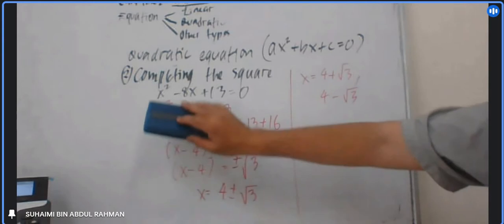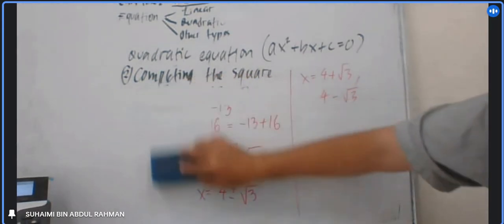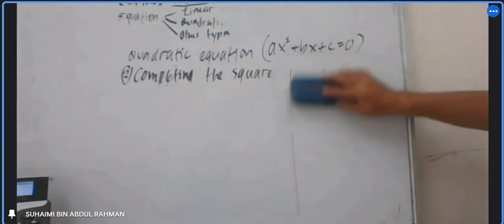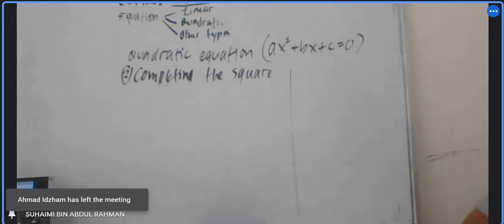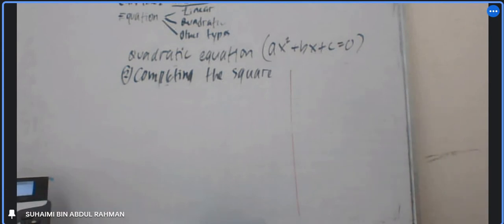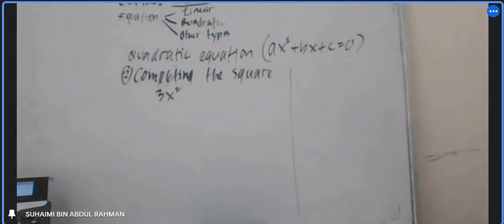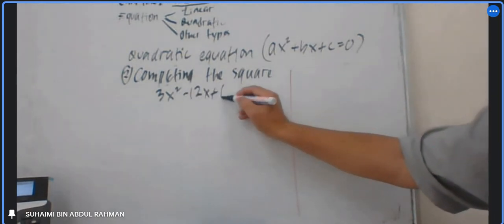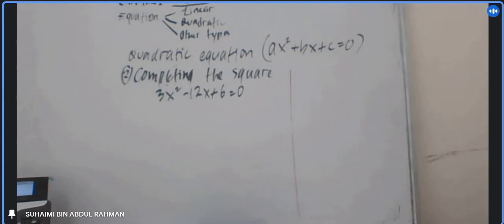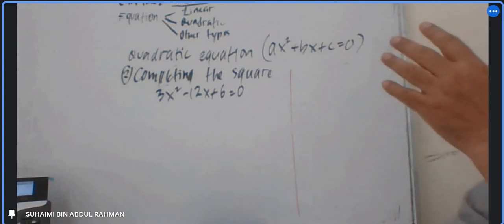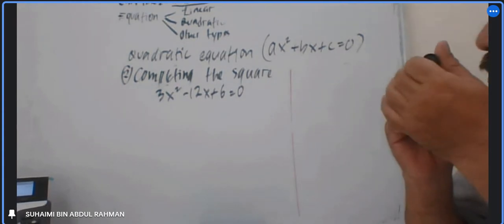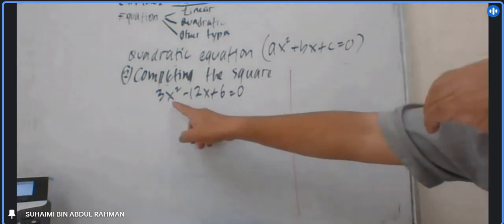Let's say we have a case where the coefficient of x squared is not 1, so we need to make it 1.